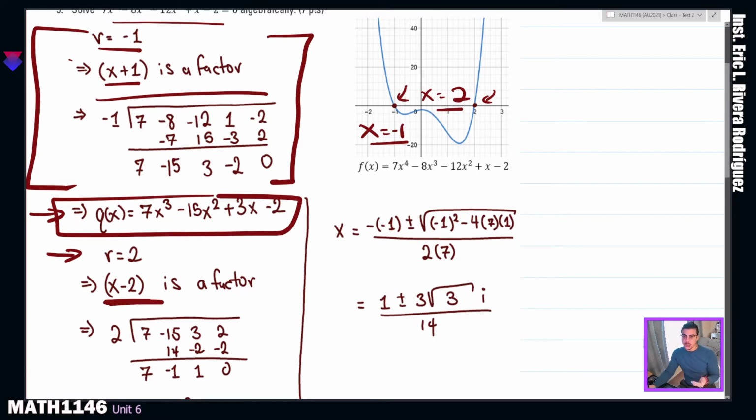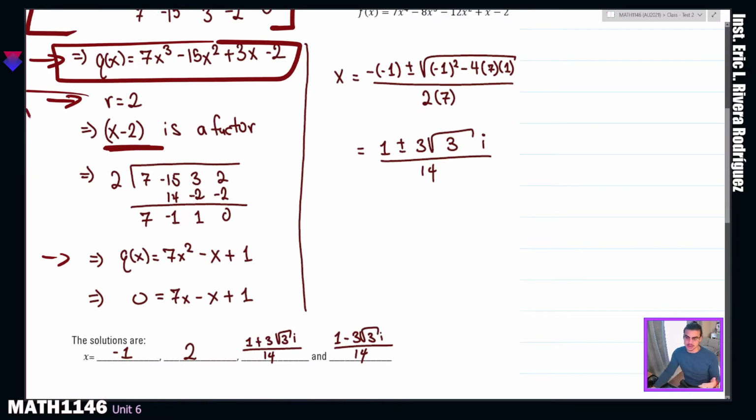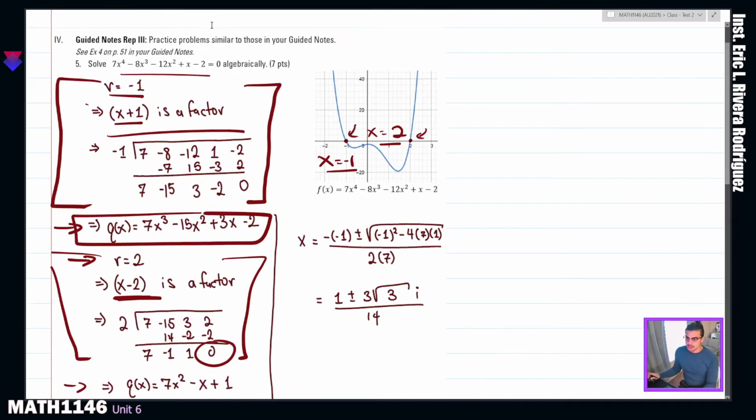You cannot use the same 0 again. You need to use another 0 to get a depressed equation. Okay, because if you use that 0 twice, on the second step here we used -1 again, you are not going to get a remainder of 0, because now the depressed equation does not contain -1 as a 0.